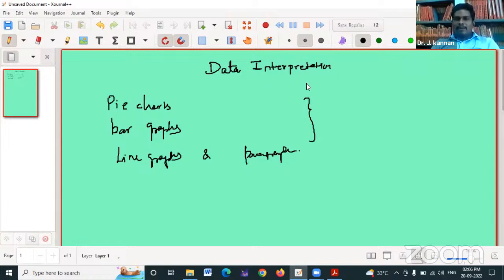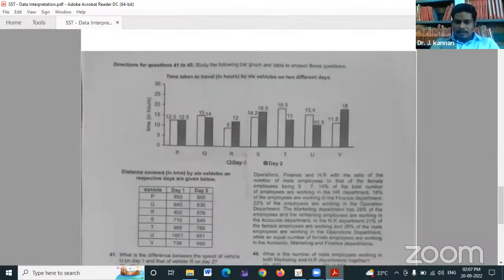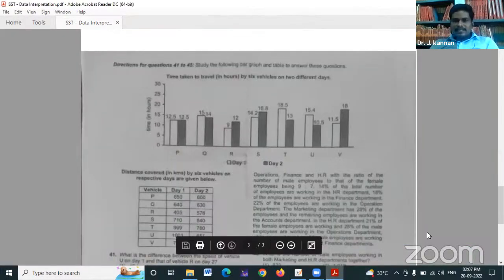So any company or any real life situation is transformed into a mathematical problem, but the data is purely provided in the graphical method: pie chart, bar graph, or line graph. For example, here we see this type of problem, a bar graph.